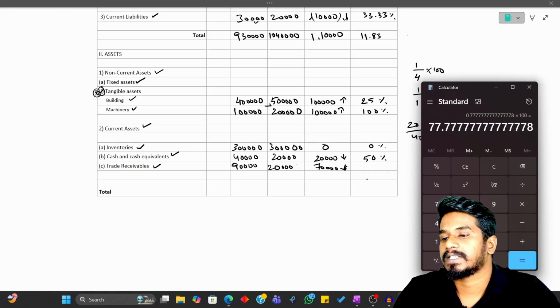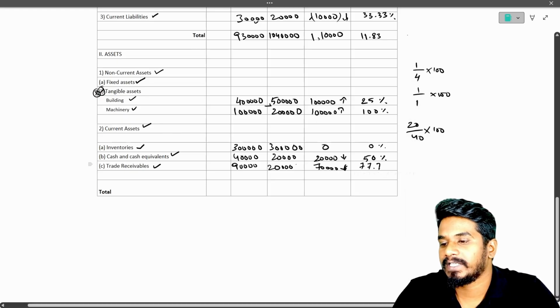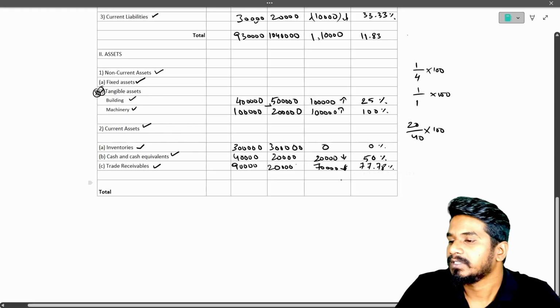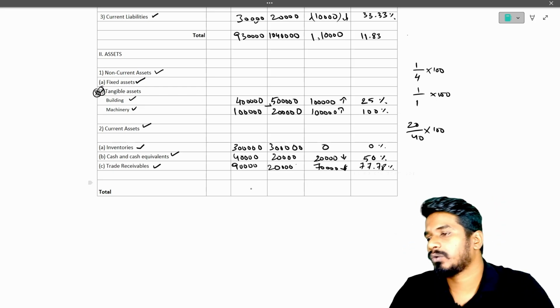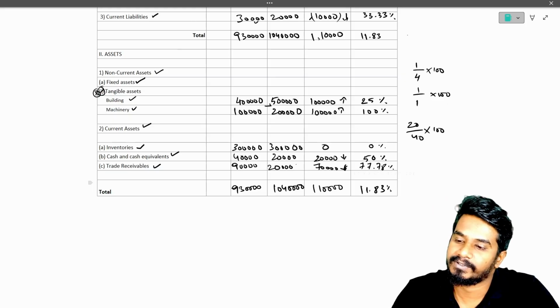It will come out 77.77. We can keep it as 77.78 percentage. And total, obviously 9 lakh 30,000 assets, and 10 lakh 40,000 is liability. Obviously 1 lakh 10,000 is the change, and again 11.83 percentage.